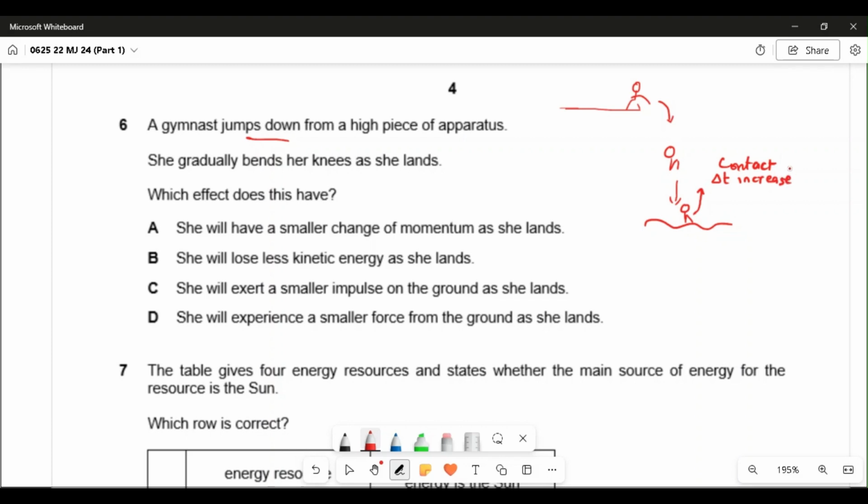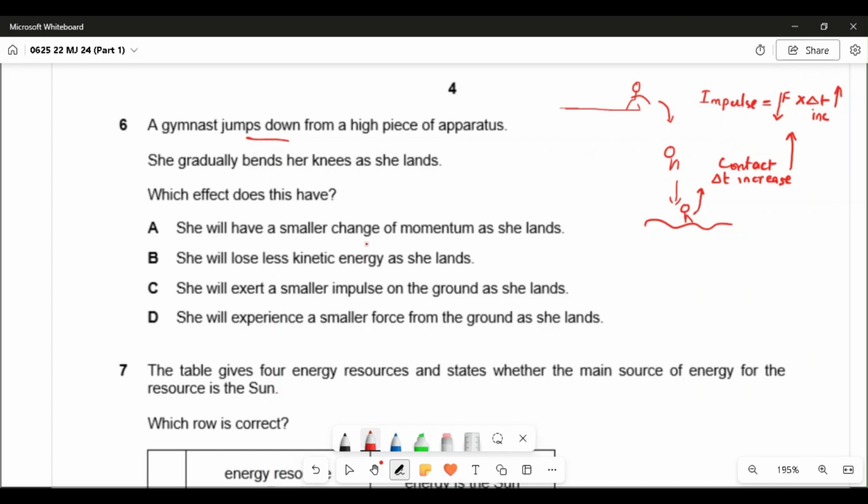As the contact time increases, according to the concept of impulse or change in momentum, force and time taken when multiplied give impulse. So if time taken is increased, automatically the force effect or the damage will reduce. So she is trying to increase the contact time to reduce the impact of the force, or make the force smaller.